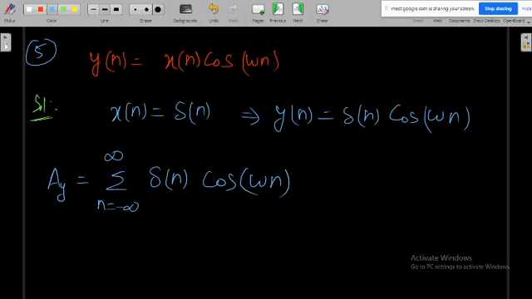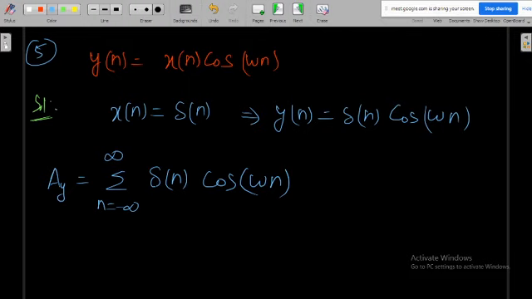Previously we had the impulse function only with the summation or integration, but now it comes with a product, because n is also there in the other function. In the previous cases we did not have this complexity, but here there is a function with n. So now how do we analyze this function?